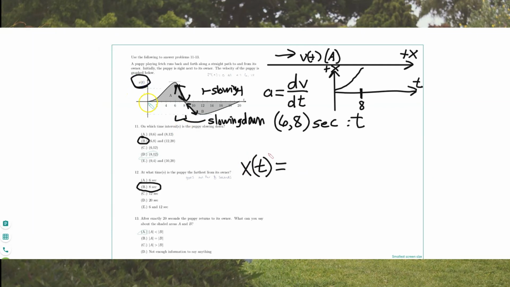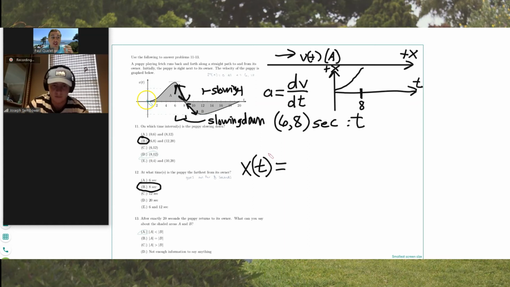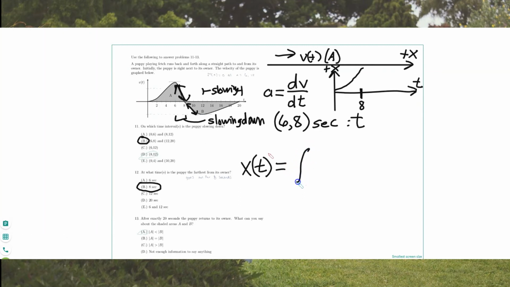If we start with the velocity and we want to know about the position, what operation using calculus must be performed to go backwards from a time derivative? So in other words, I'm talking about the definite integral. Right. So the definite integral of v of t dt is going to give us the position function.